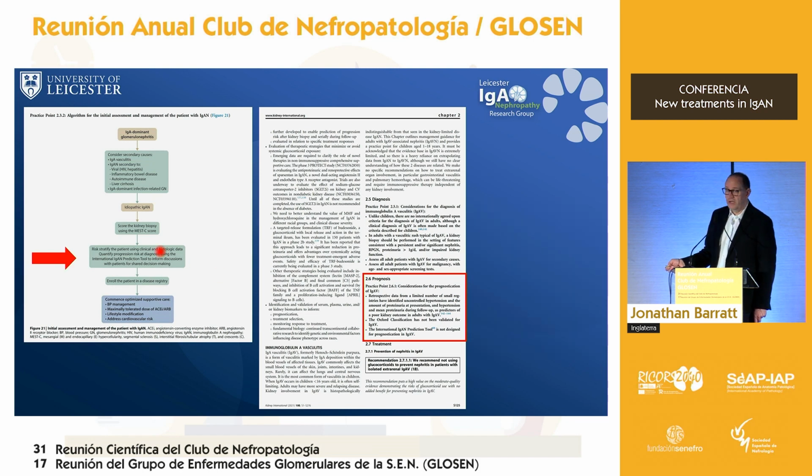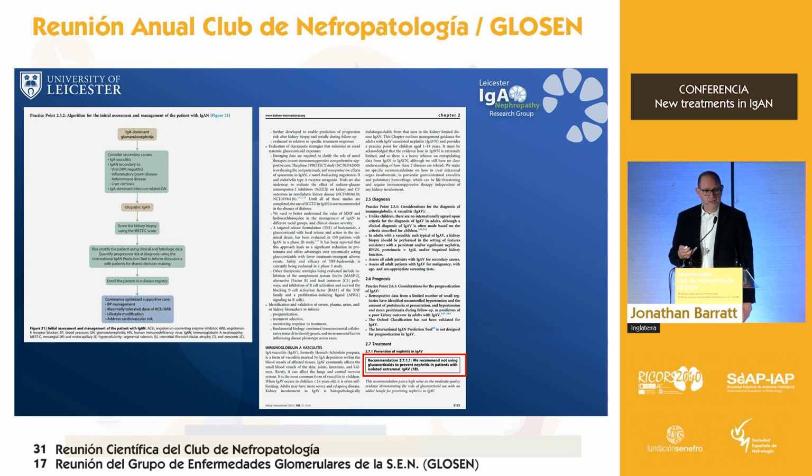The International IgA Nephropathy Risk Prediction Tool has not been validated in IgA vasculitis, so we shouldn't be using it in IgA vasculitis, but we don't have any other risk prediction tools. So how should we treat? Well, the only thing we can actually say with any confidence is that if you present with a rash, there is no point giving systemic glucocorticoids to prevent the development of nephritis.